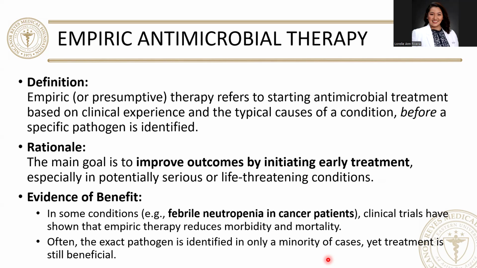You diagnose this patient as having pneumonia. Since you are at the ER level and of course you still do not have culture results, you have to give empiric antibiotic treatment right away.